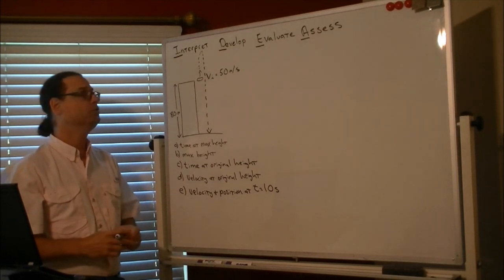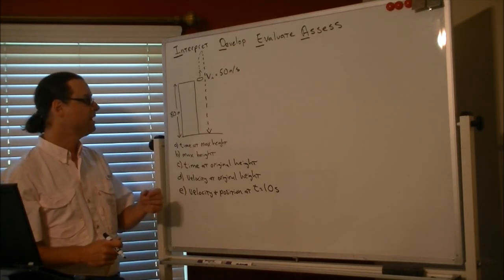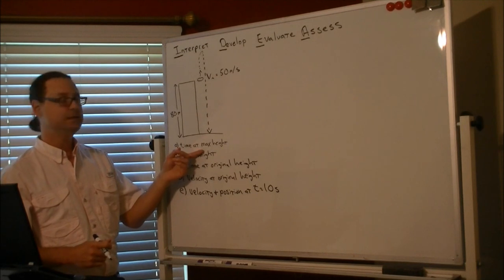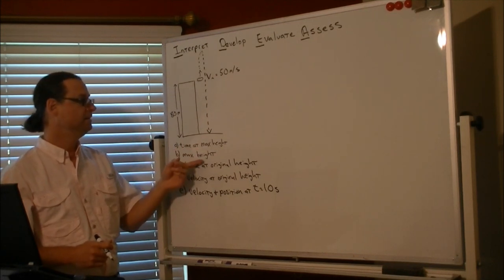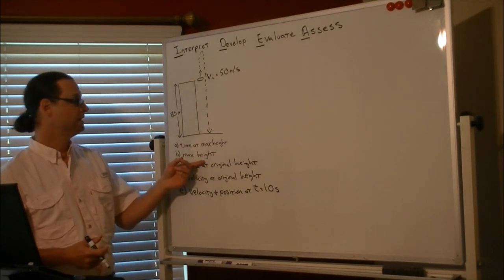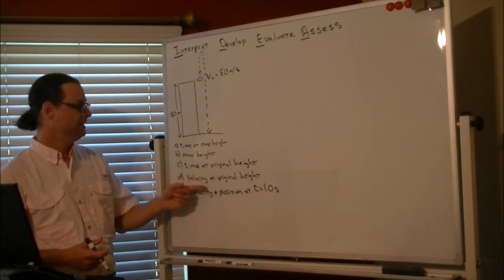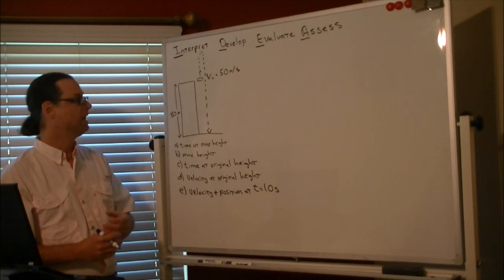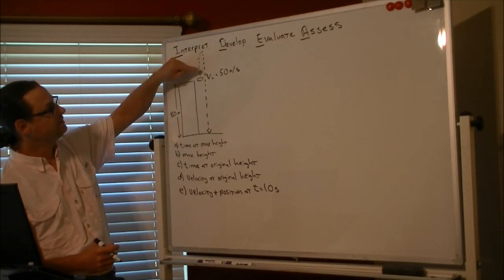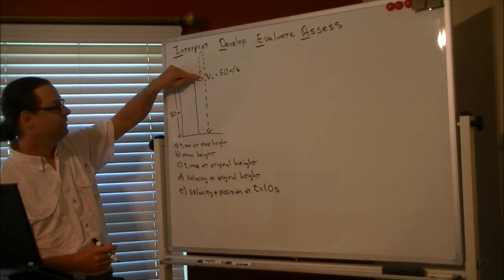And so the problem poses several questions to be answered in the process. The time that the object takes to reach the maximum height, the value of the maximum height, the time at the original height, and the velocity at the original height. In other words, it's going to go up to a maximum height and it's going to fall back through the original height.